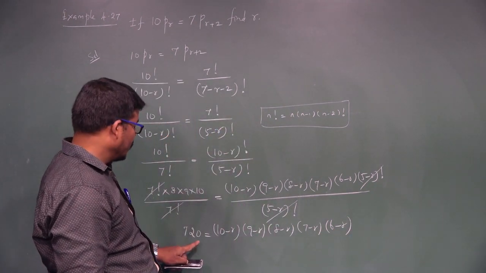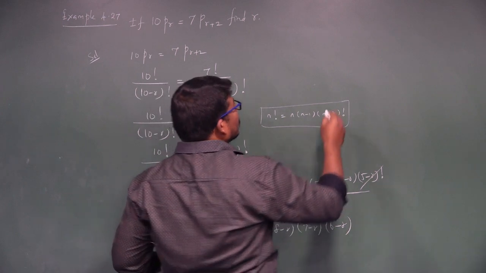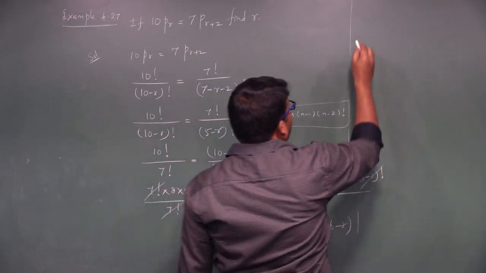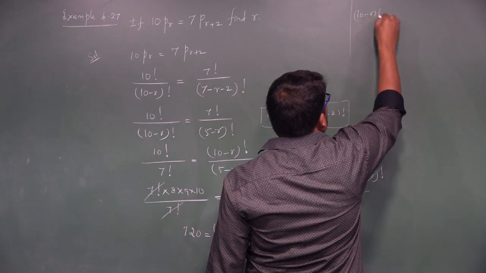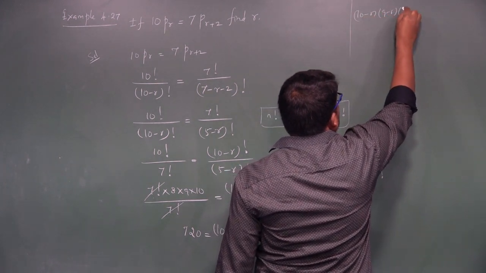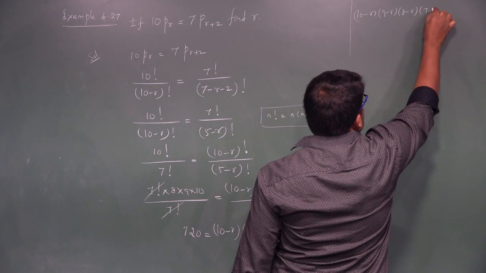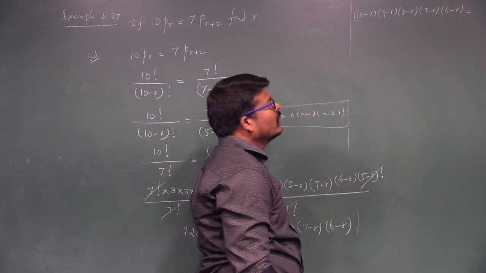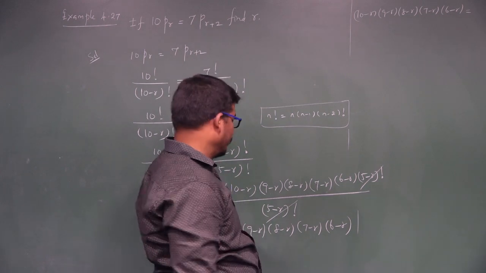Now reduce the 720 into 5 terms. (10 minus r), (9 minus r), (8 minus r), (7 minus r), (6 minus r) equals 720.